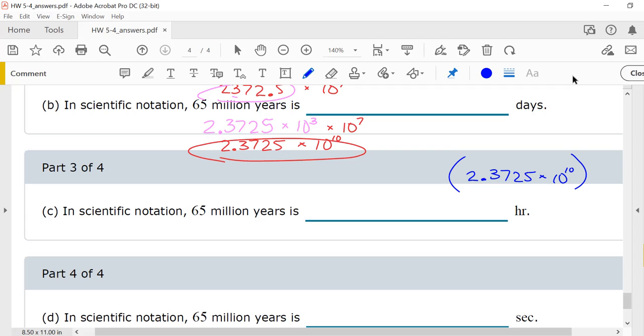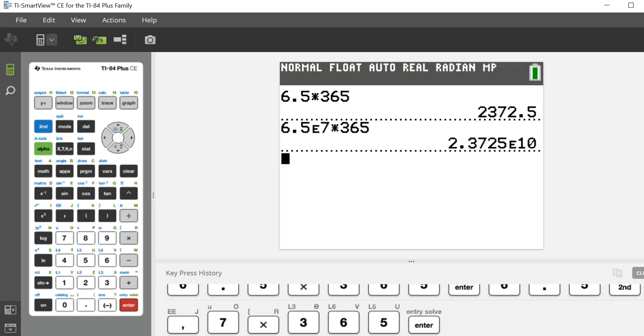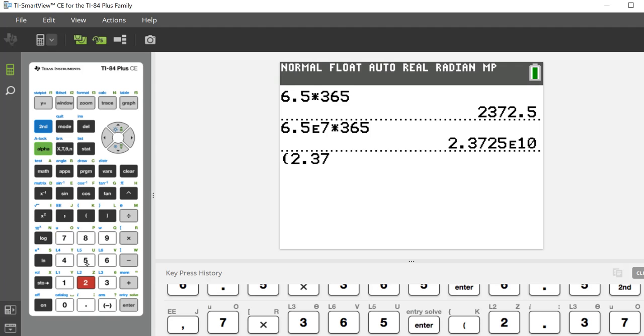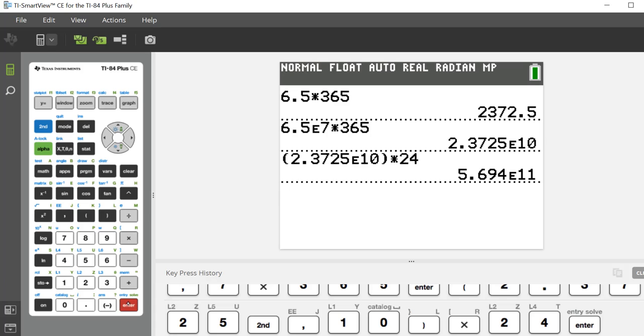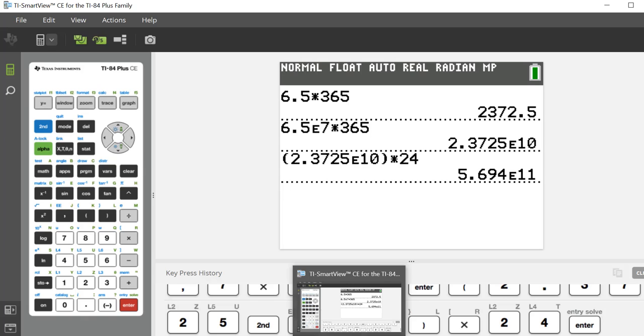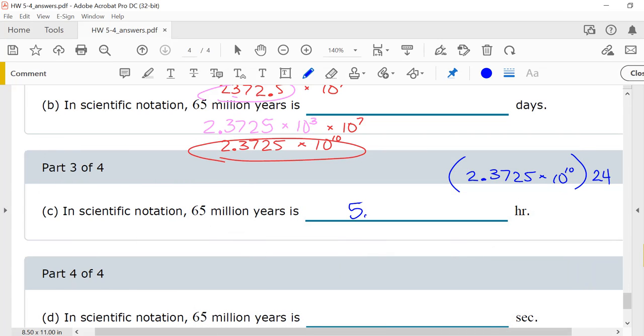Each day has 24 hours. So we're going to multiply that number by 24. So here goes, 2.3725 times 10 to the 10th times 24. 5.694 times 10 to the 11th.